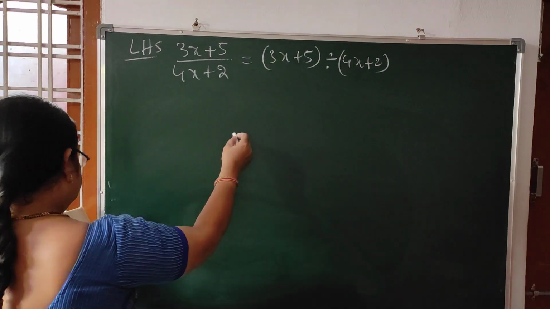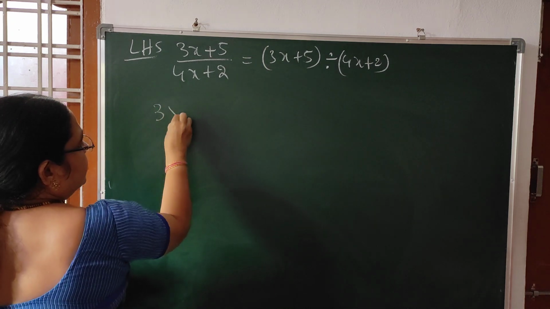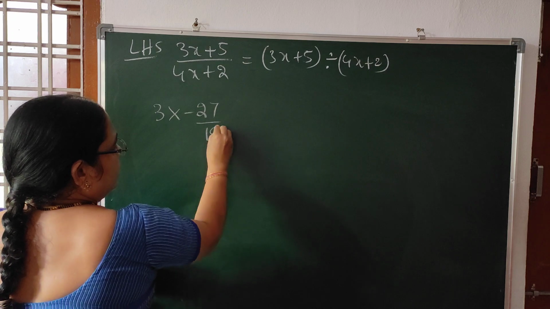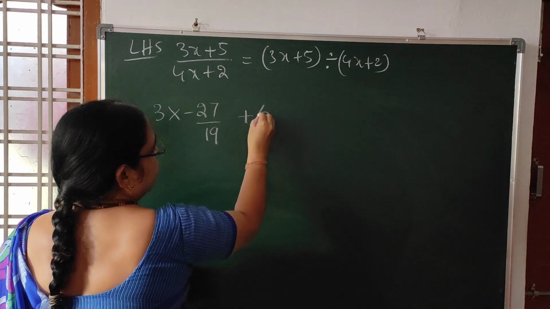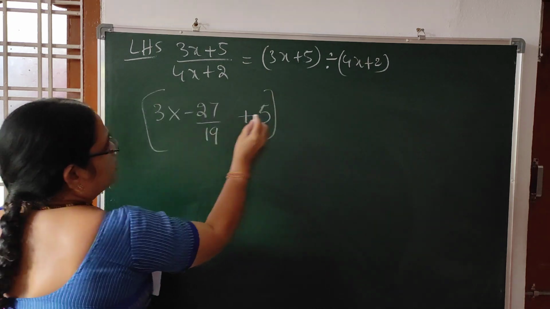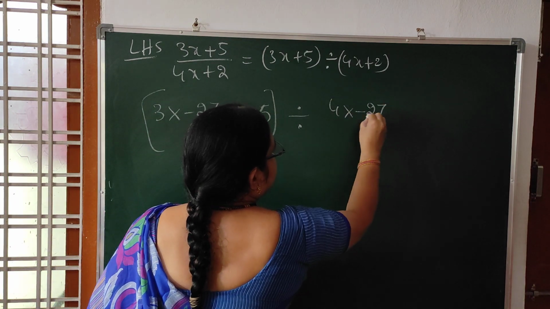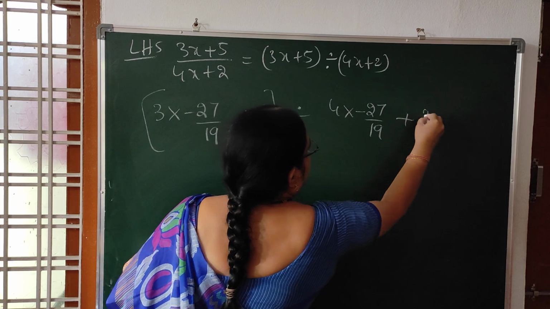Minus 27 by 19. Now I am substituting: 3 into minus 27 by 19 plus 5, divided by 4 into minus 27 by 19 plus 2.